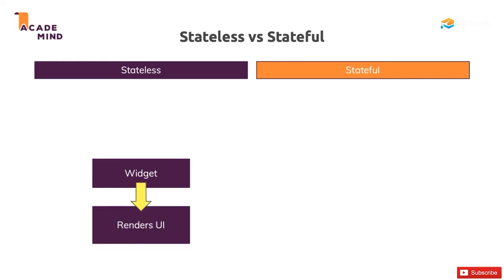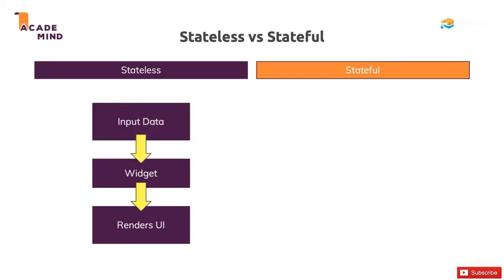Now we can pass in data from outside into the stateless widget through the constructor of that class, so of the widget class. We'll do this later too. And this data can change, and actually Flutter would rebuild that widget when that external data changes. But inside of the widget class, the data will never change. We can only receive new data from outside, and that will basically rebuild the widget.